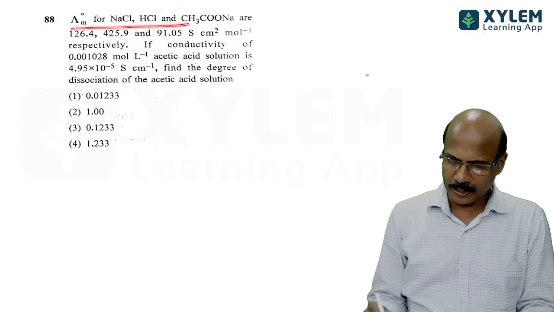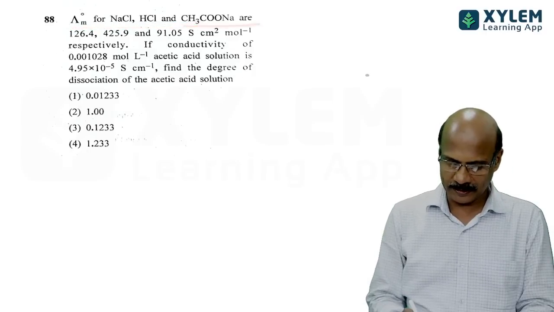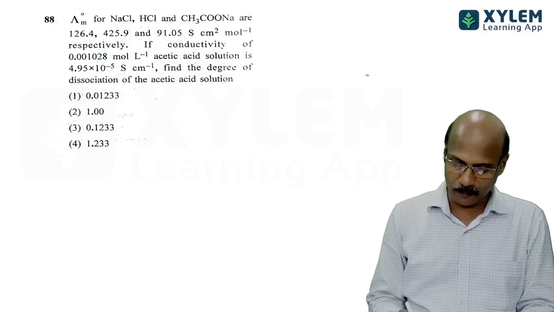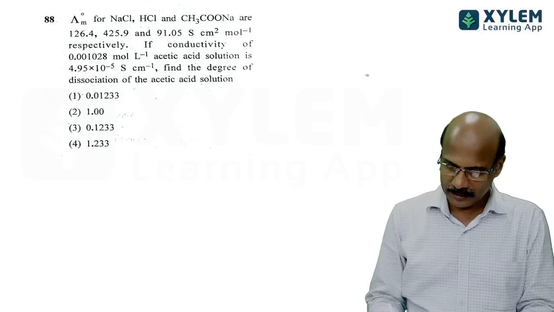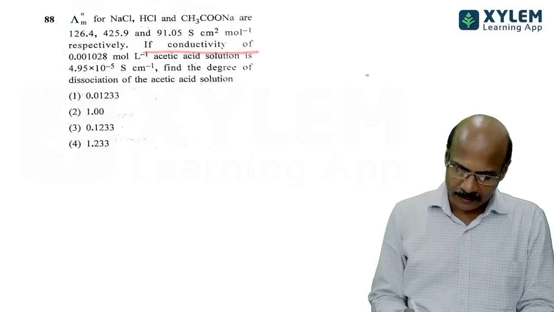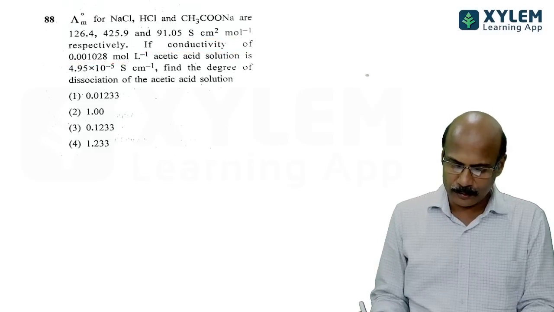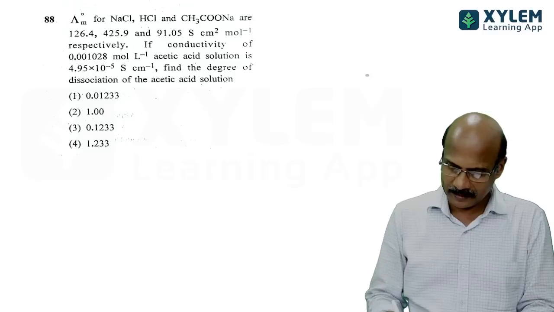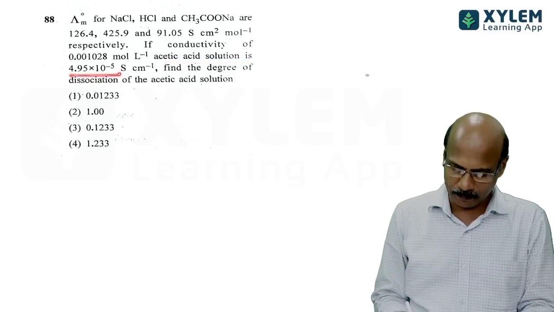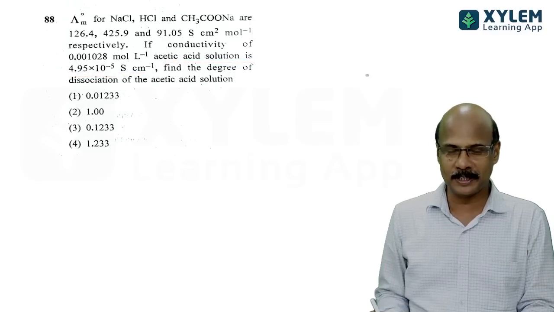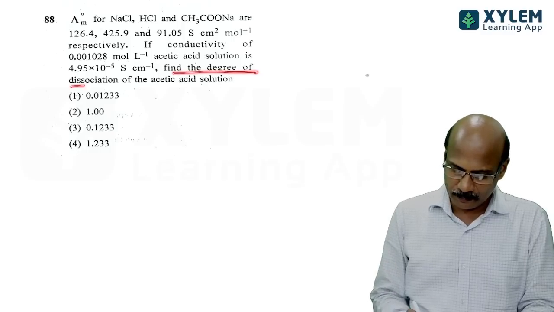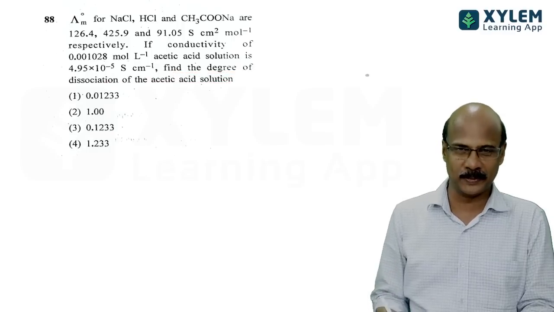Lambda m naught for NaCl, HCl and sodium acetate are 126.4, 425.9, 91.05 Siemens cm square per mole. If the conductivity of 0.001028 mole per liter acetic acid solution is 4.95 into 10 to the power of minus 5 S per centimeter, find the degree of dissociation of acetic acid solution.